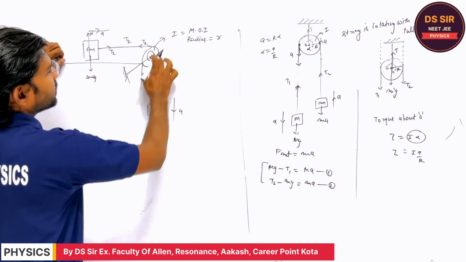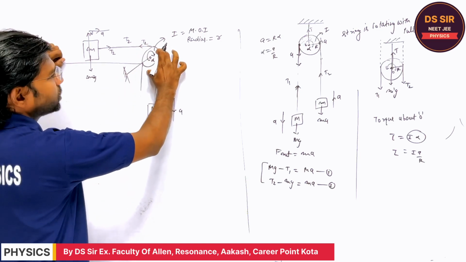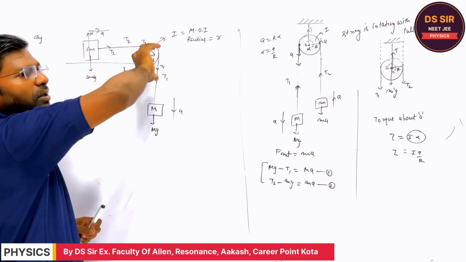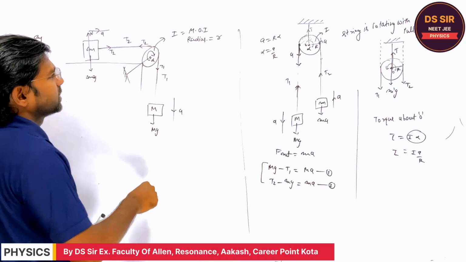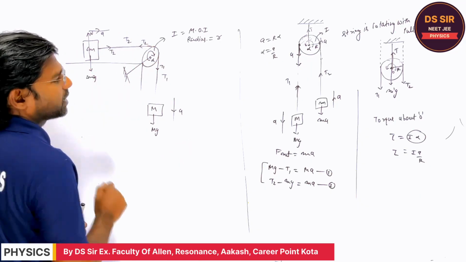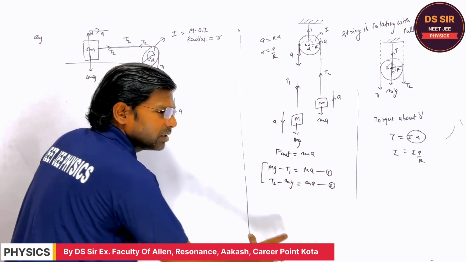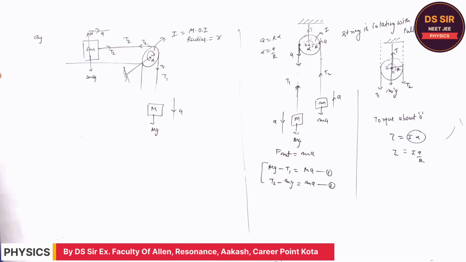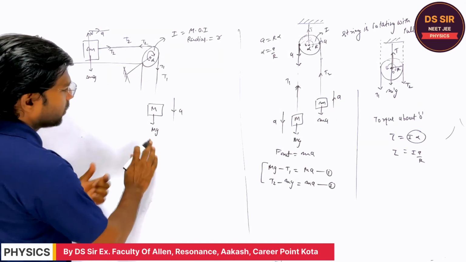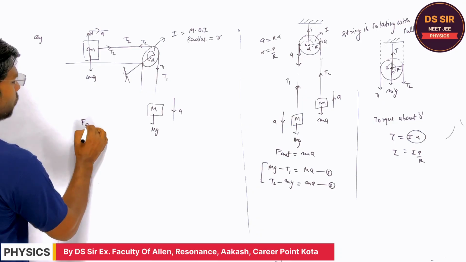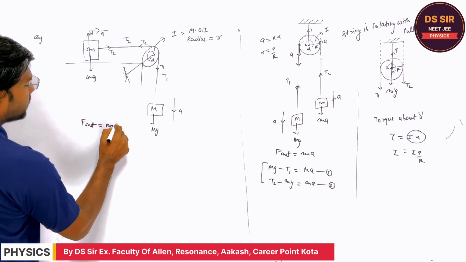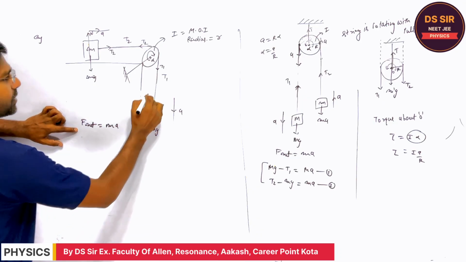Are you getting? This is performing pure rotation, meaning rotation about a fixed axis, and these are performing translation motion. Can you write the three equations? Please copy this. So for this, F net is equal to ma I will apply. The F net, what should I write? Tell.